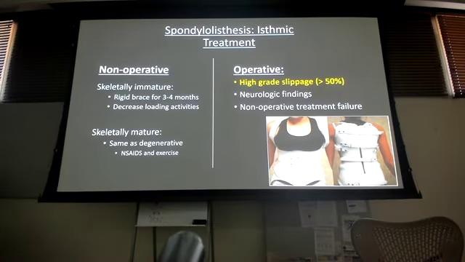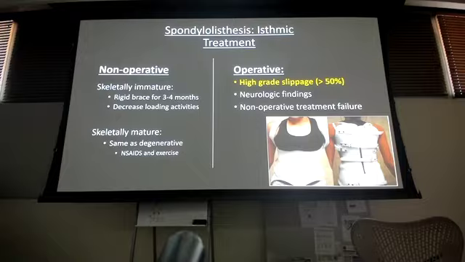Non-operative, we get back to that bracing. There is a picture of the brace. That looks a little bit different than the one before. I forgot this was in here. If they're skeletonally mature, you can do this bracing. The opinions will differ. Your book says rigid bracing is indicated for skeletonally mature patients for 3 to 4 months.